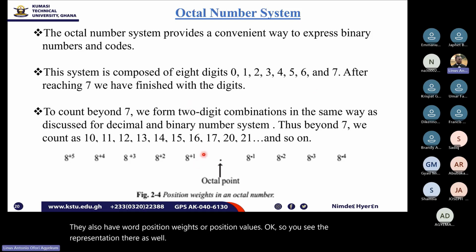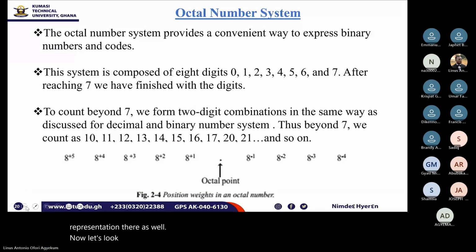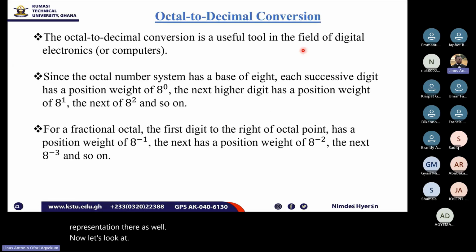Now, let's look at octal to decimal conversion. The octal to decimal conversion is a useful tool in the field of digital electronics or computers. Since the octal number system has a base of 8, each successive digit has a position weight of 8 raised to the power 0.